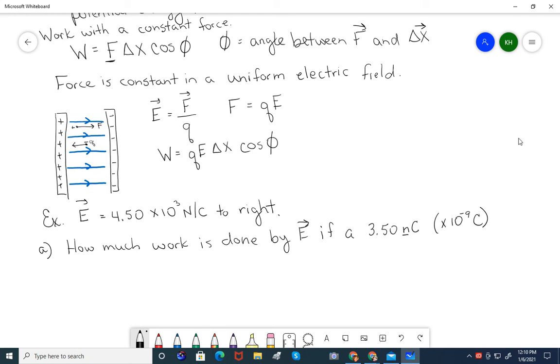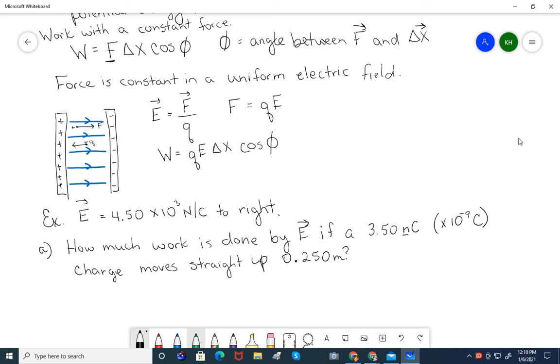If a 3.50 nanocoulomb charge moves straight up 0.250 meters, so quarter of a meter.